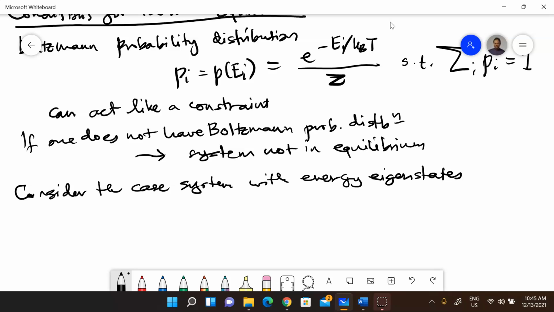Maybe I should be more precise here. That means I have particles inside here, a system of n particles with each of these particles in a particular energy eigenstate. Then we also need some reference energy level, given by the ground state.